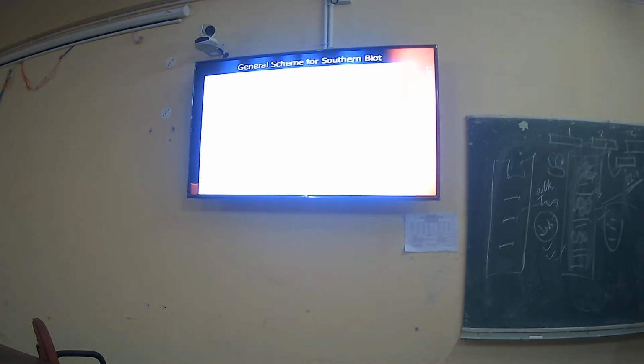This is the general scheme for Southern blot. First you separate out the DNA. Then you go through electrophoresis. After electrophoresis, you transfer the agarose gel onto the nitrocellulose membrane. At the same site where the DNA band is present on the gel, it is transferred onto the nitrocellulose membrane.